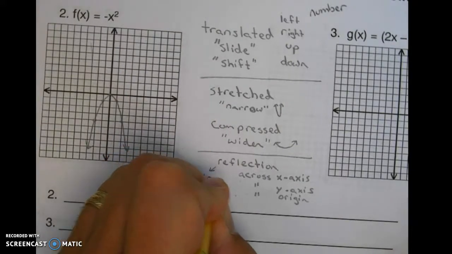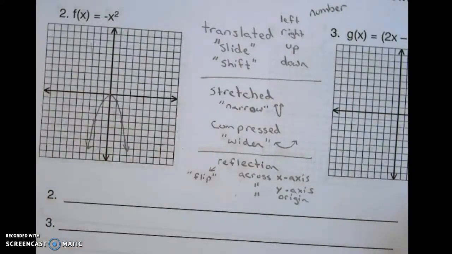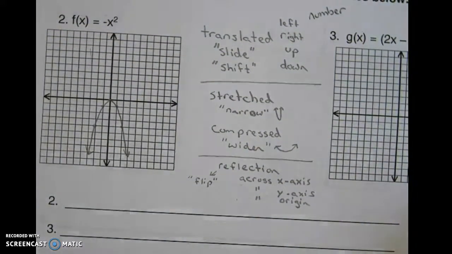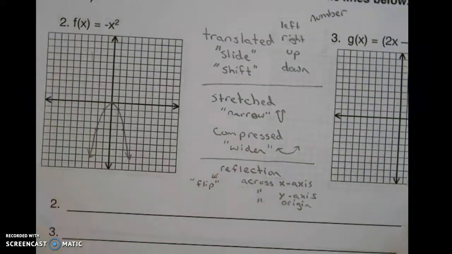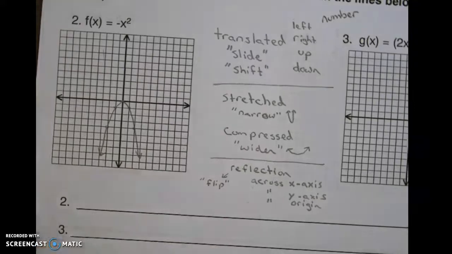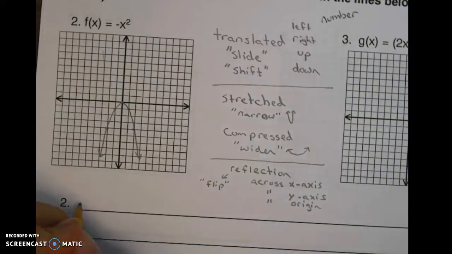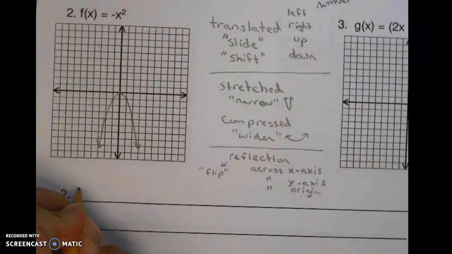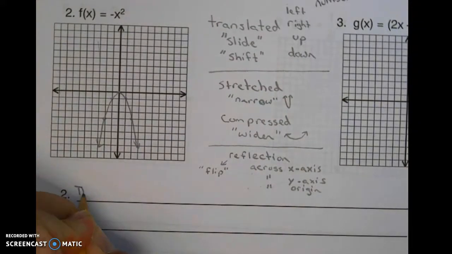You should remember these words from geometry, some of them anyway, translations, reflections. We're not going to do any rotations. So we have a reflection. So we're going to write using complete sentences.